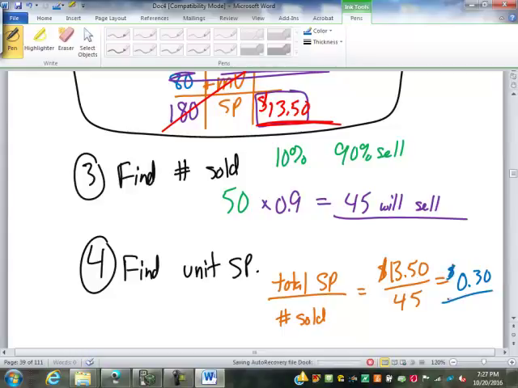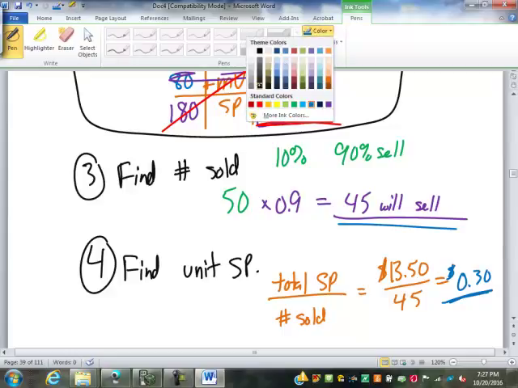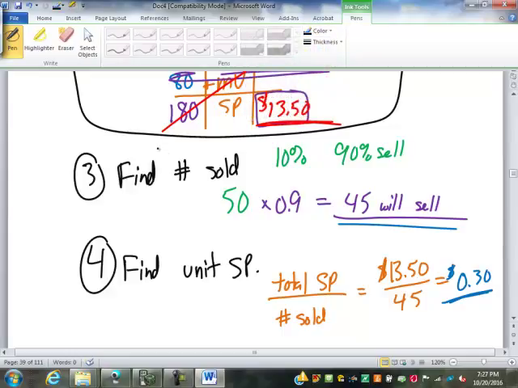So we sell those donuts for 30 cents each in order to recover our costs and our expected or desired markup. Now again, we may sell more than 45 and come out better than we expect. We may sell less than 45, but this is based on our best predictions due to past experience. Any questions?